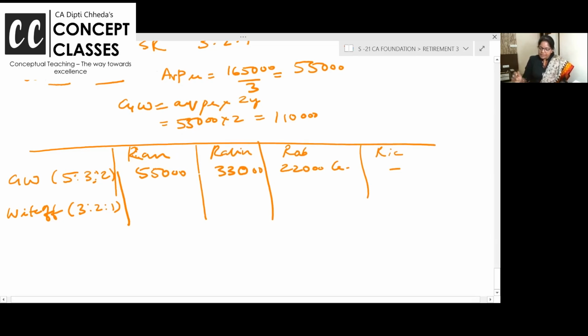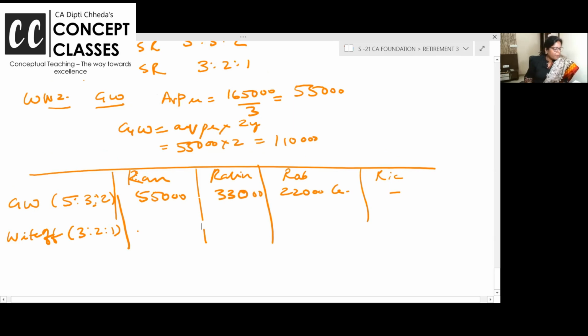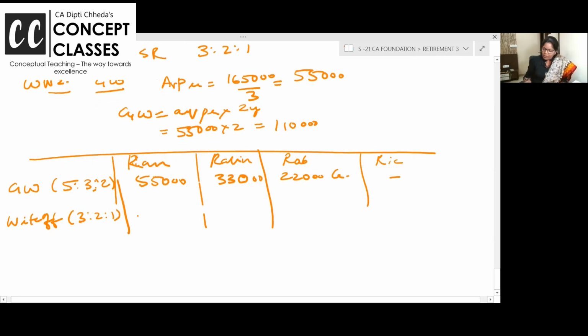Goodwill credit. Now, write off debit. 1,10,000 into 3 by 6, 55,000 debit. Who is going out? Read the problem. Retirement of Robot.